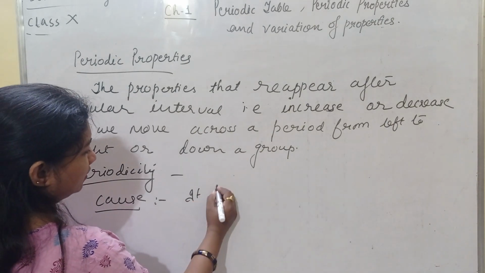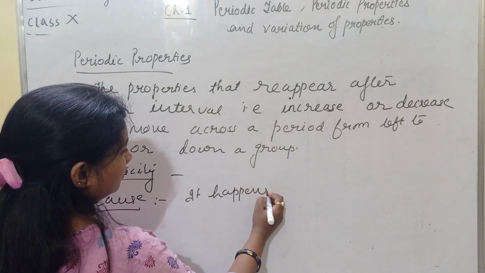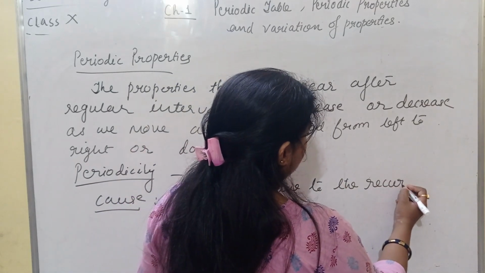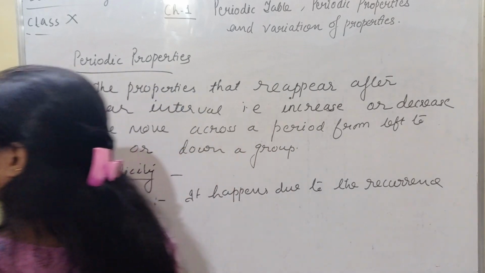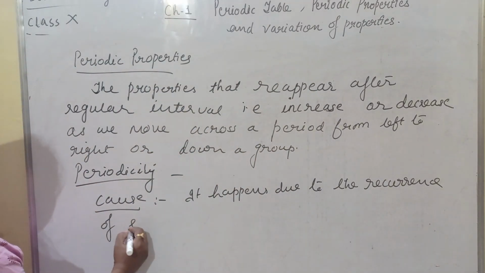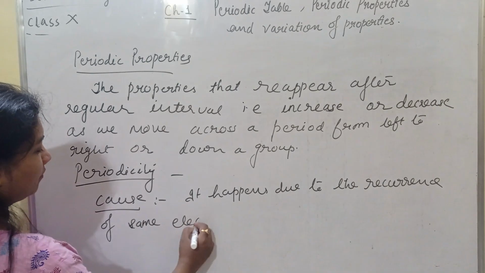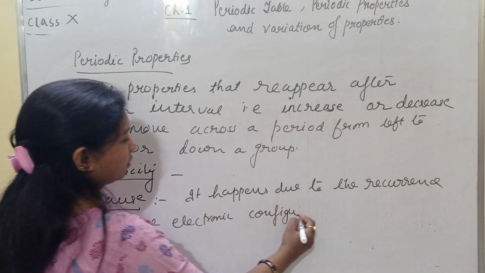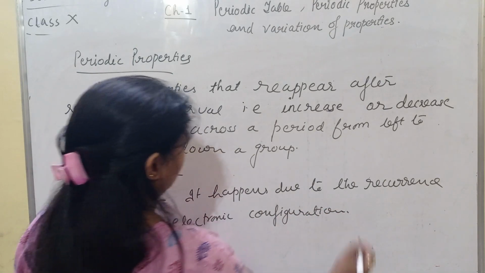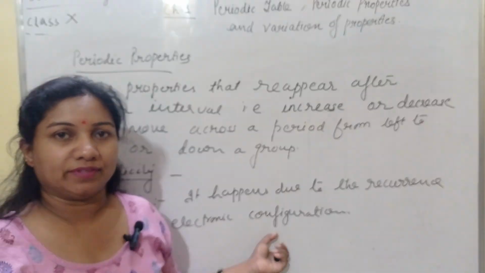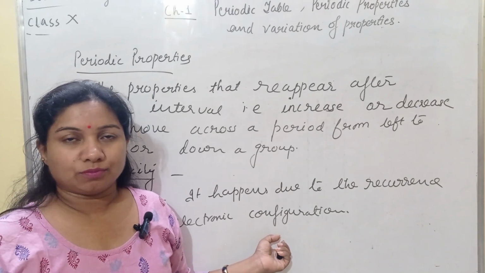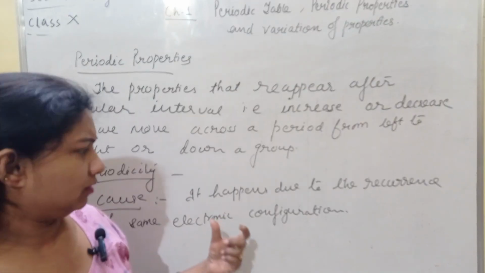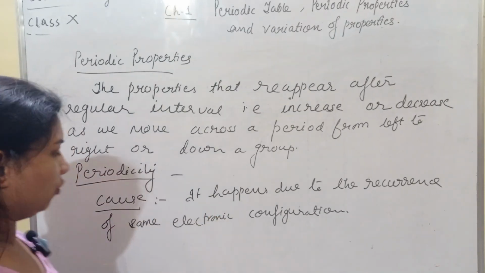It happens due to the recurrence of the same electronic configuration. If we are talking about electronic configuration, that means we are concerned only about the outermost shell or valence shell electronic configuration. So let's take some examples to make it more clear.